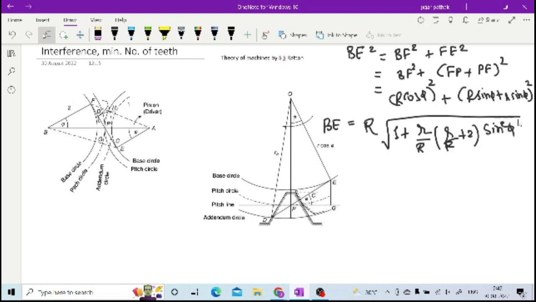That is your BE. Now if this is your BE, then your maximum addendum can be written as BE minus pitch circle radius.